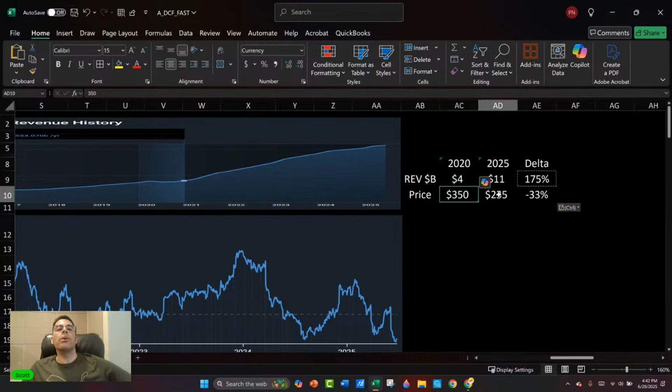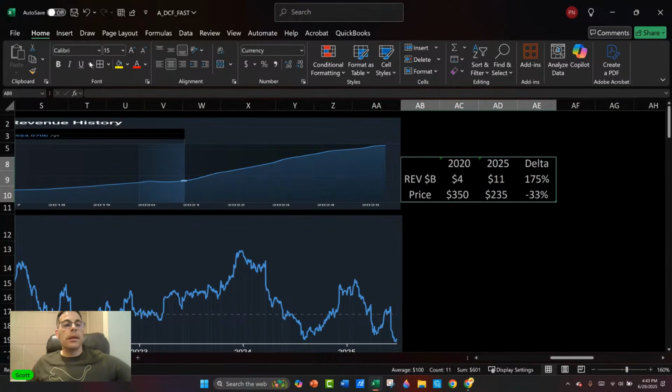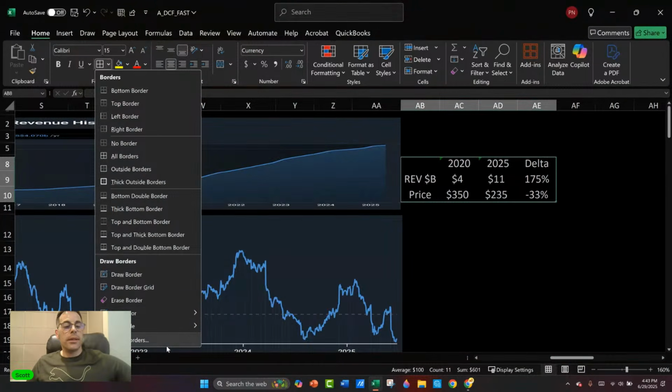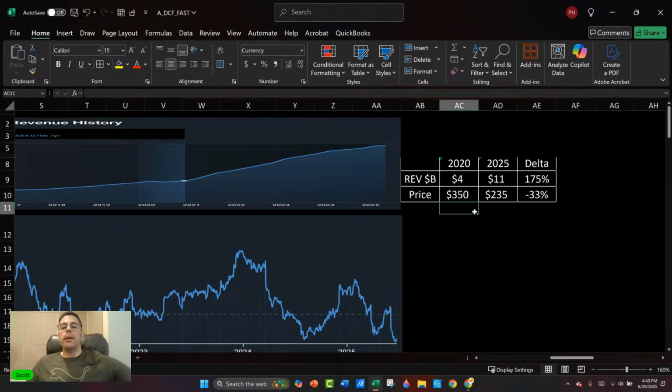In 2025 it's 235. So while the revenue went up 175%, the stock price went down 33%. If you just think of it logically, because when you invest, you're investing in a company. You're not investing in just some make believe thing.